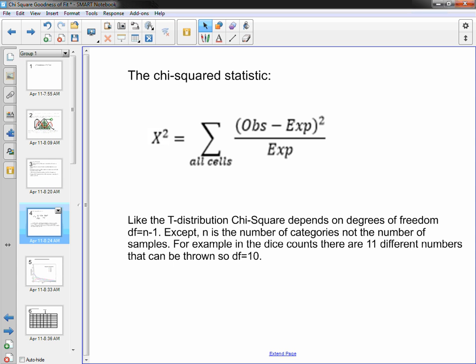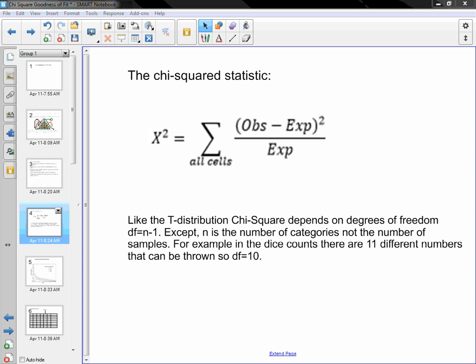The number of different possible categories. So even if we never threw a 2, it was still a possibility. But remember, if we never threw a 2, what would happen? If our observed value in 2 was 0, is that good or bad? It's bad, right? Because our expected value for every category is supposed to be at least how much? 5.